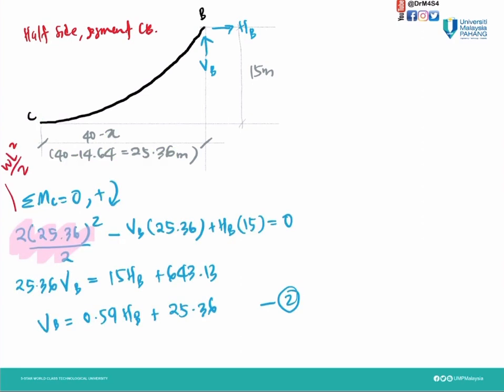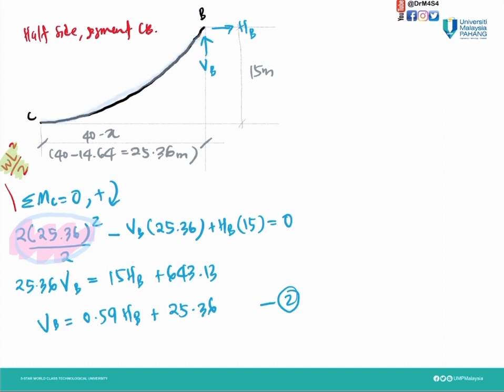Then remember the formula of cantilever beam with UDL on it is WL square divided by 2. You learn that in theory of structure. So for that one, you are using here WL square divided by 2 for the UDL on this entire length.